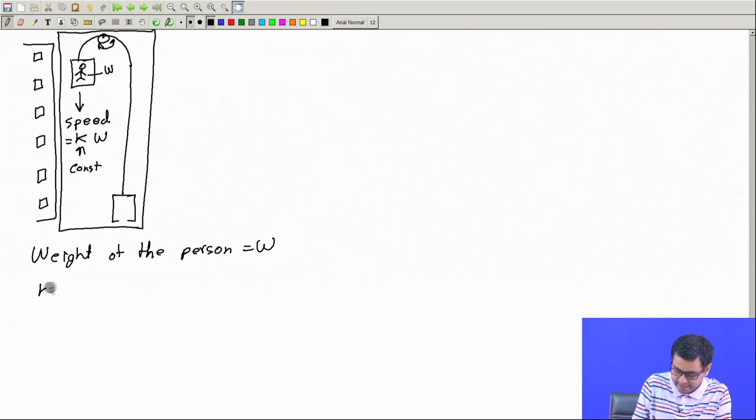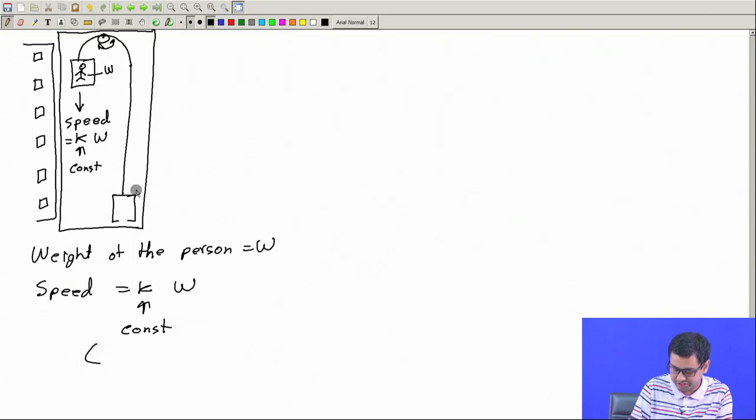So let me write first that the speed of coming down is equal to k times the weight. k is a constant, and it may depend on the fluid with which this chamber is filled, air or water or oil, whatever.